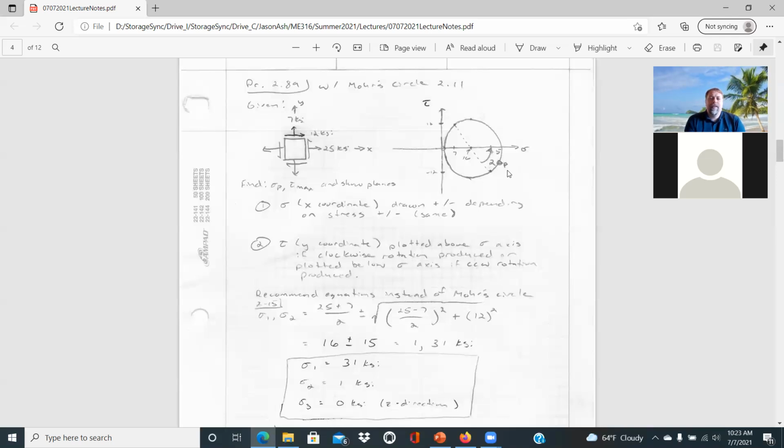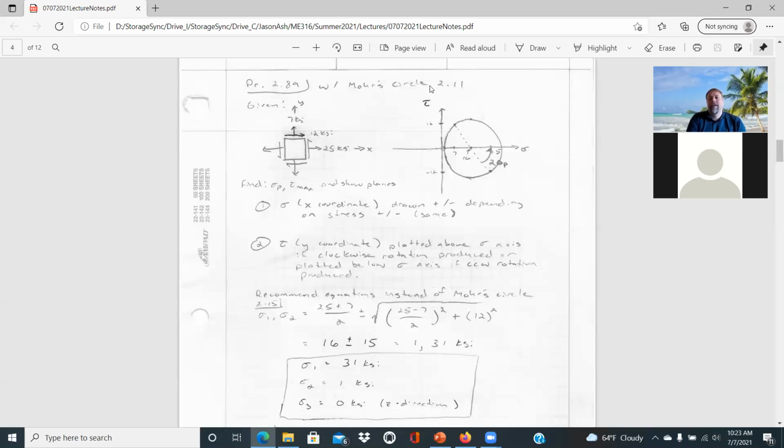But I guess my confusion that stemmed from that is that our tau xy here is on the positive face, going in the positive direction. So we know that's a positive tau xy. But one of these has to be plotted above or below. And so it doesn't really make it clear as to which direction that would be placed.